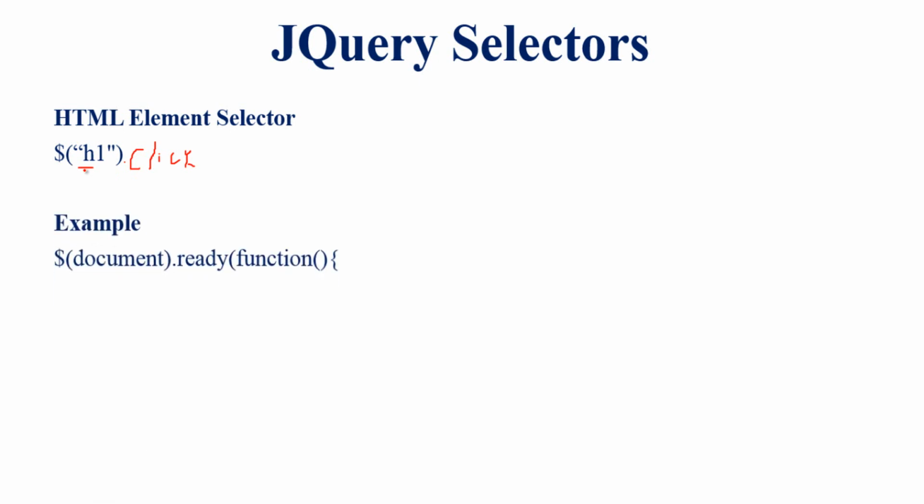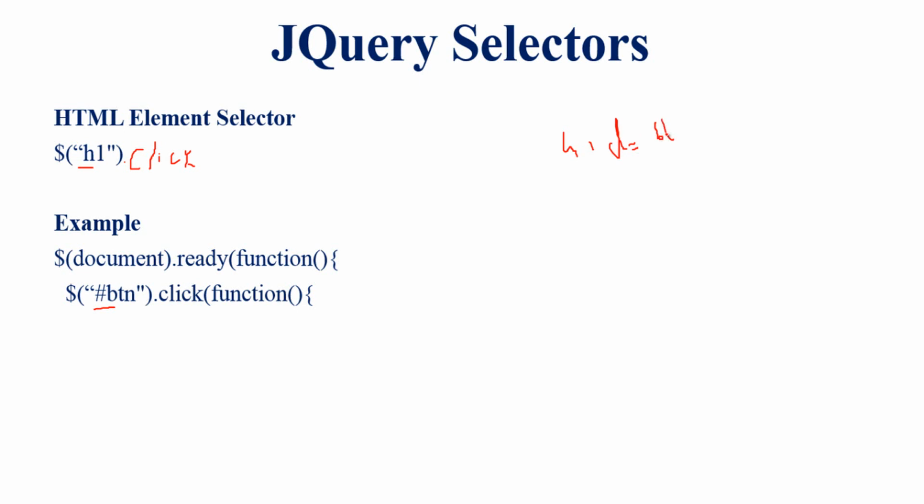For example, the document.ready function, and you can see that this is btn, meaning the id of an element. So you can see this is a hash symbol. The hash symbol is used to denote id. For example, h1 and its id is equal to btn.